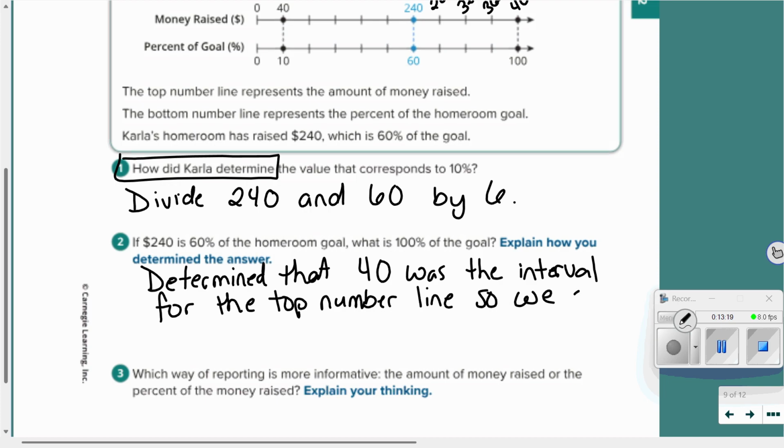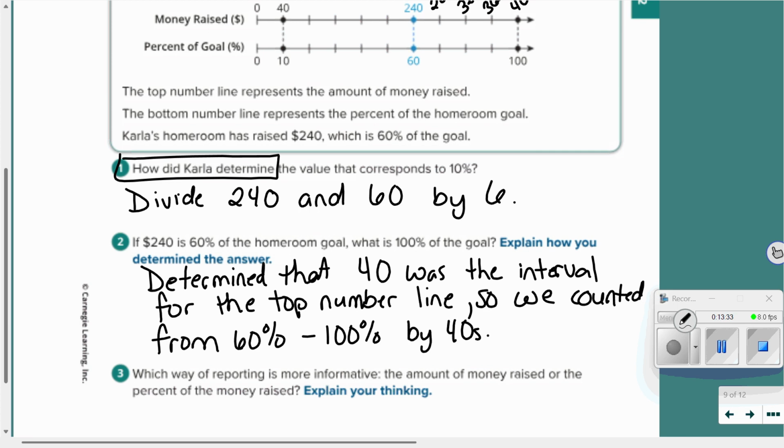So we counted from 60% to 100% by 40s. And we got, was it 400? Yeah.